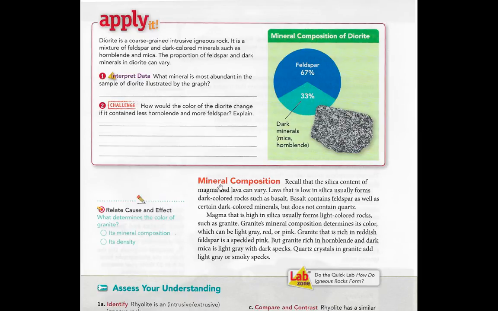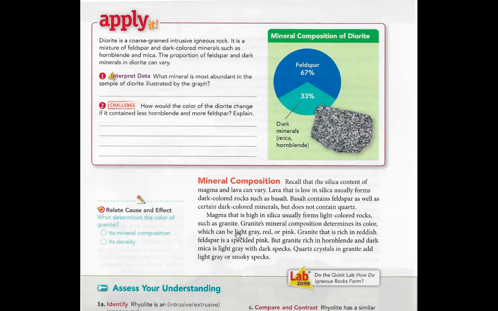Mineral composition. Recall that silica content of magma and lava can vary. Lava that is low in silica usually forms dark-colored rocks such as basalt. Basalt contains feldspar as well as certain dark-colored minerals, but does not contain quartz. Magma that is high in silica usually forms light-colored rocks such as granite.